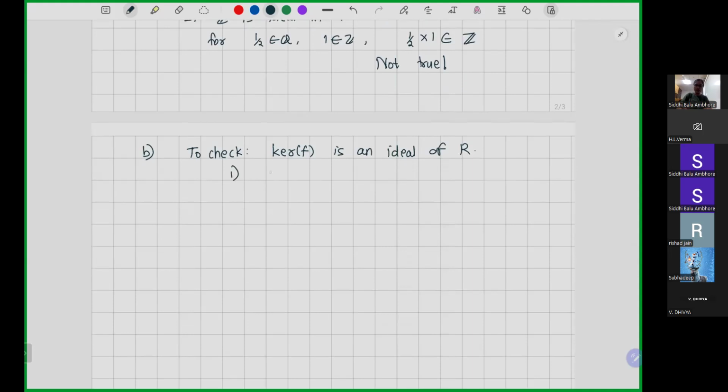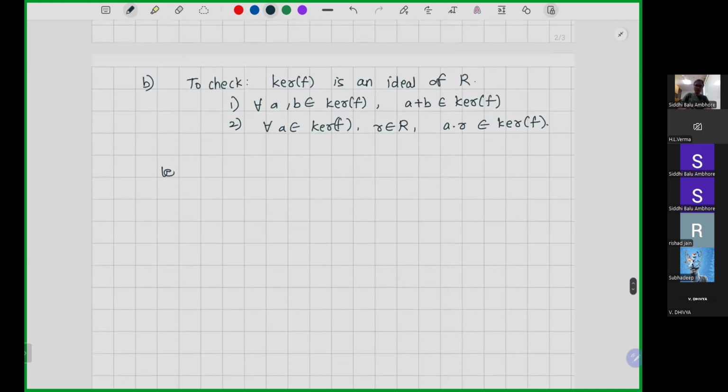First, we have to check that for a, b in kernel F, whether a plus b belongs to kernel F or not. And second, that for all a in kernel F and r in R, whether a times r belongs to kernel F or not.